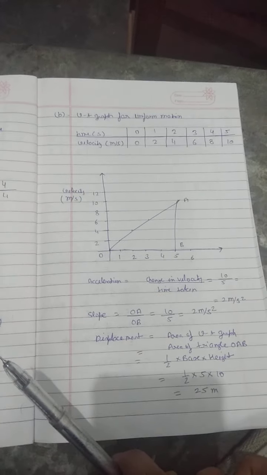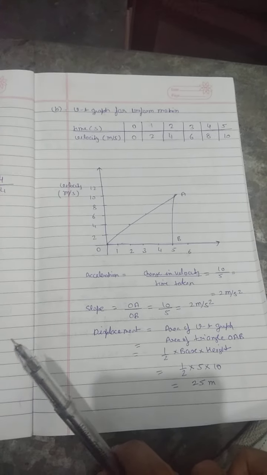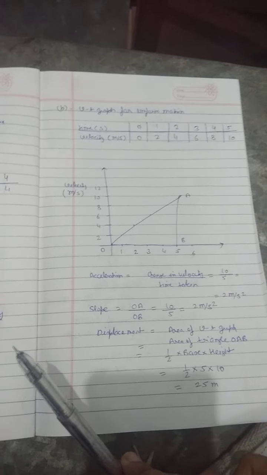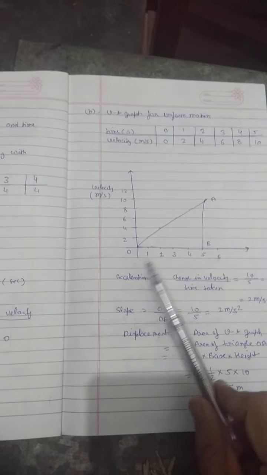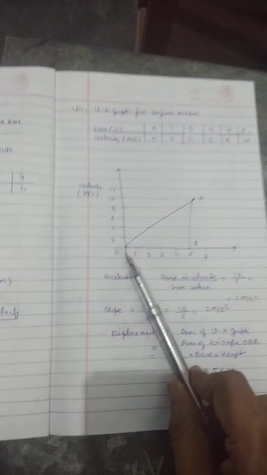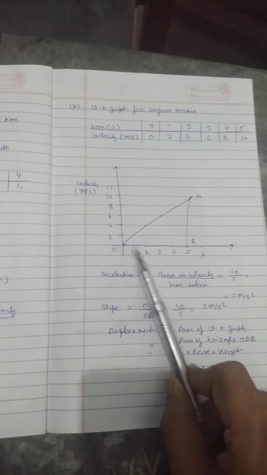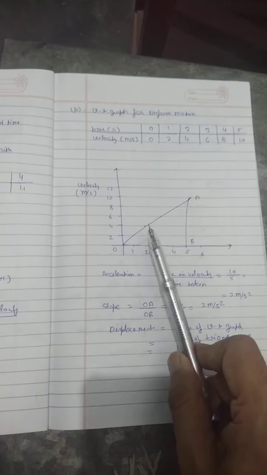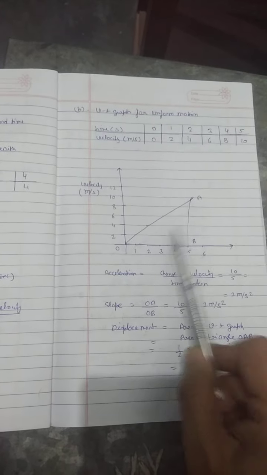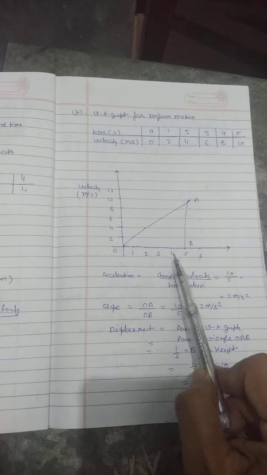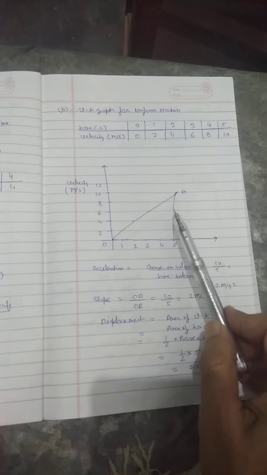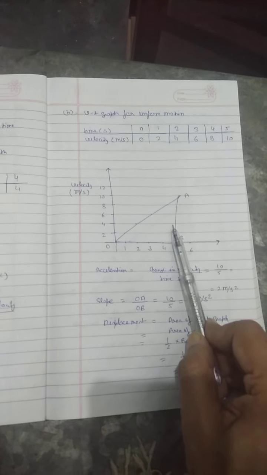Same, velocity is taken as the y-axis and time as the x-axis. Time is 0, so the velocity of the object is 0. Time is 1 second, then the velocity is 2, 2 for 4, 3 for 6, 4 for 8 and 5 for 10. Join these dotted points and we get a straight line.